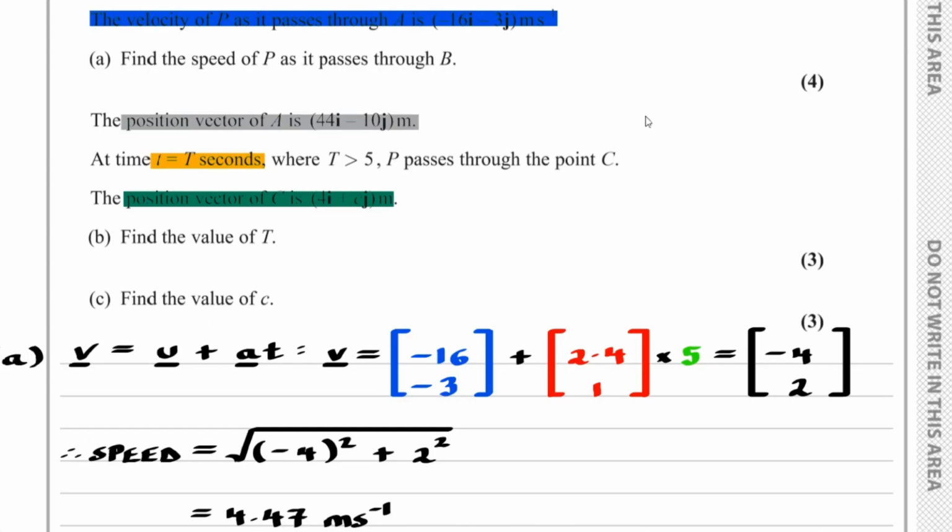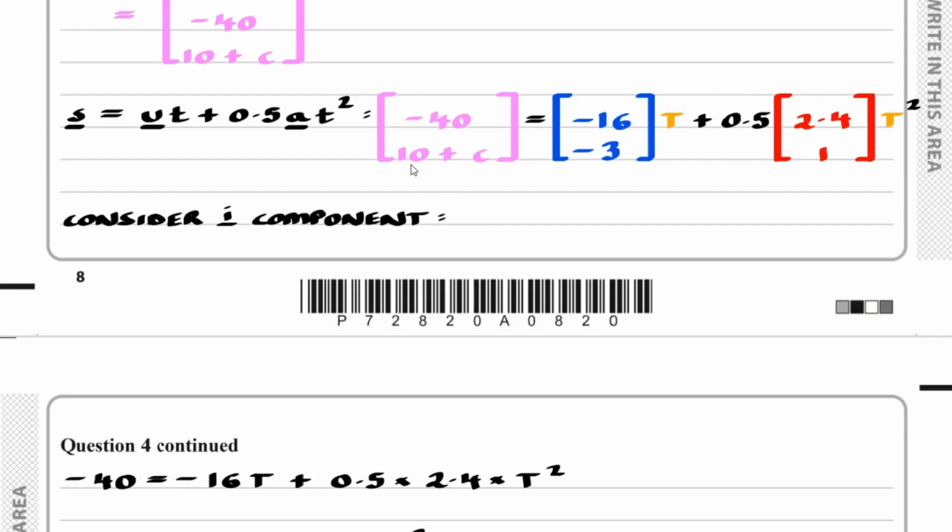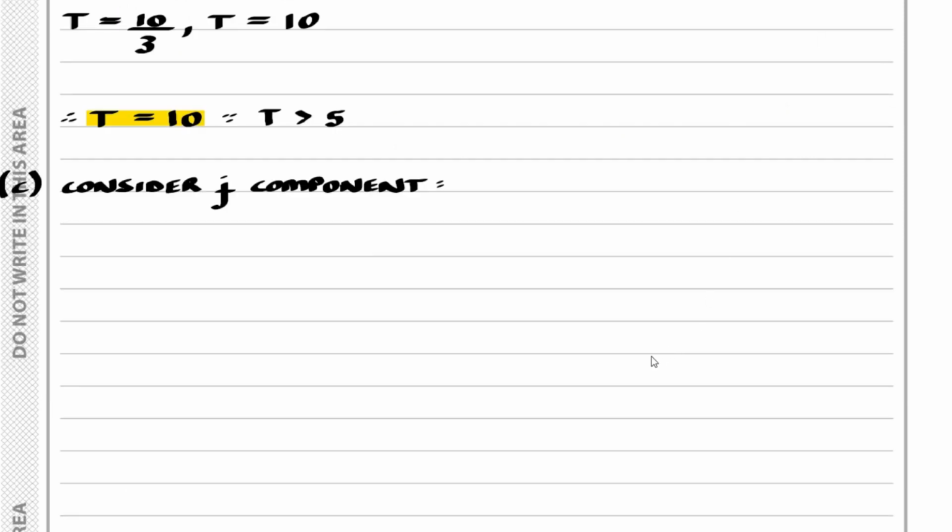We now have to find the value of c. For us to find the value of c, we need to consider the j component. The reason for that, the j component contains the c, which is what we are finding. So considering the j component, we have 10 plus c equaling -3t plus 0.5 times t squared.